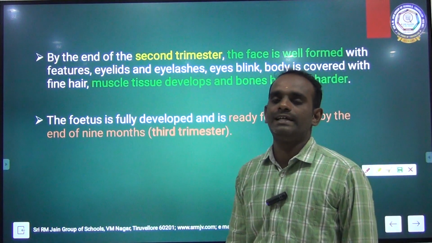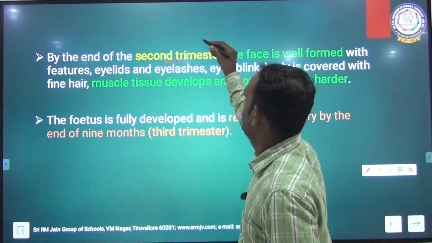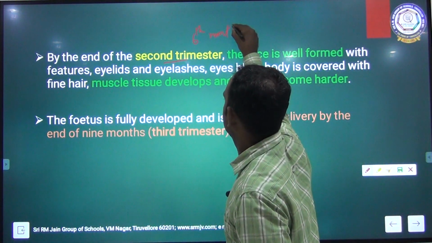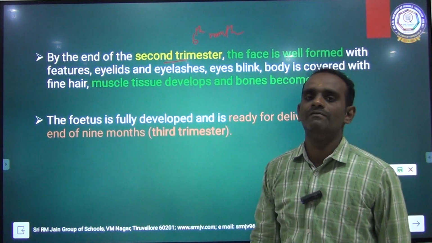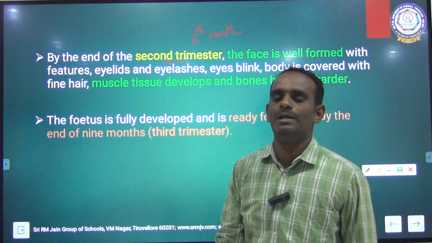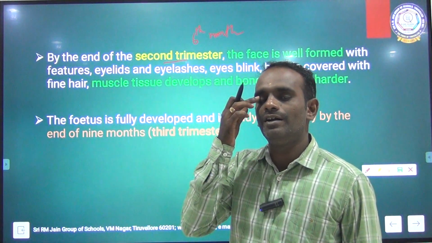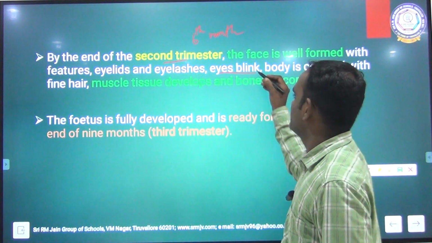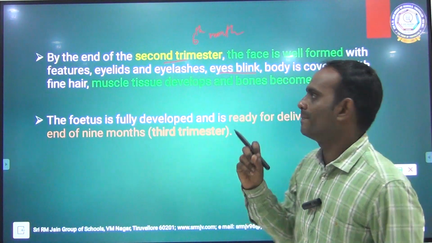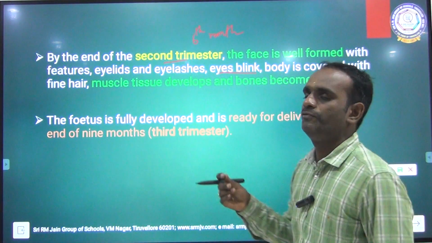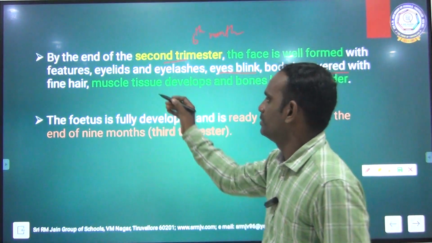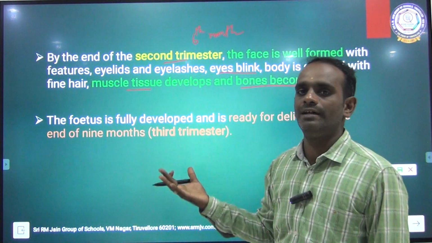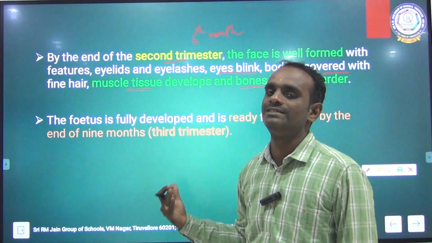By the end of the second trimester, that is by the end of the 6th month, the face is well formed. The eyelids and eyelashes are formed, and the eyes are ready to blink. The body is covered with fine hair, muscle tissue develops, and the bones become harder by the end of the 6th month.